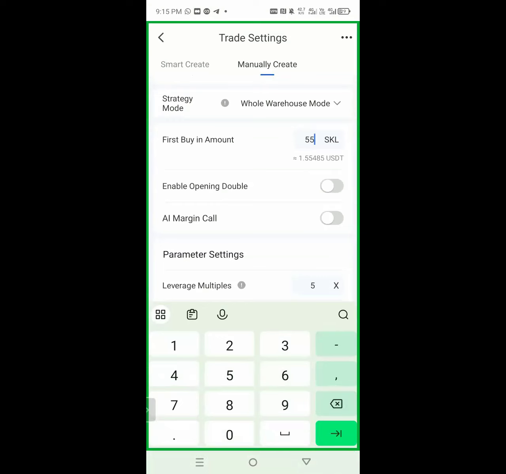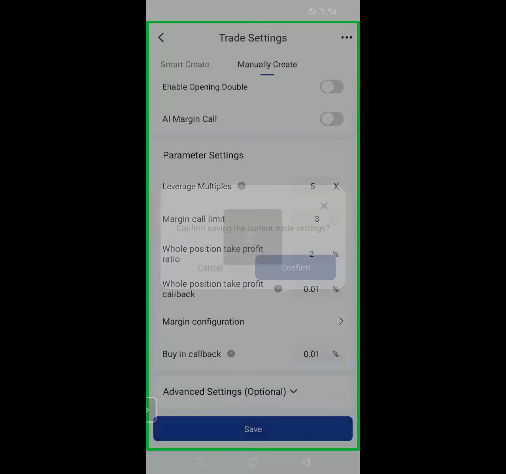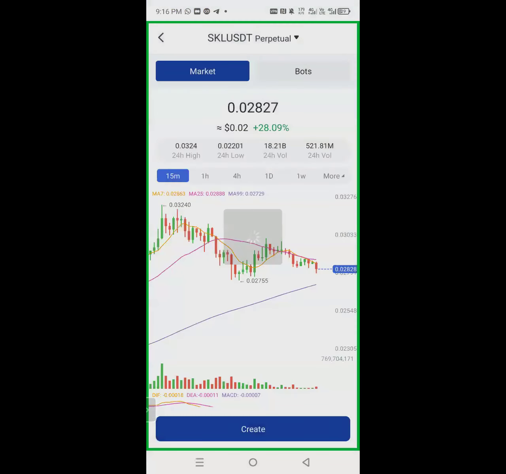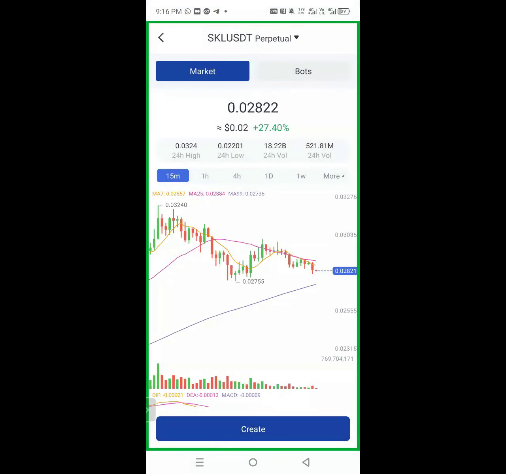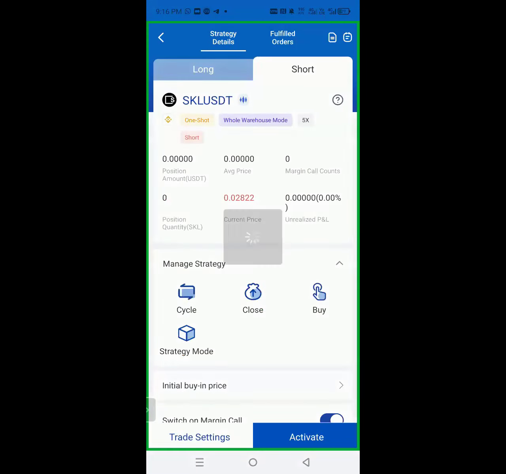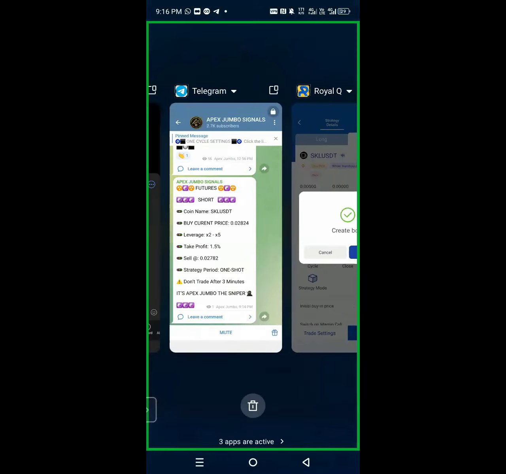Let me just enter the signal first. 150. Okay. After I set it, I must confirm the chart again. Okay, so I can now set it. See, the signal is short. Let me confirm that it's short. Short.